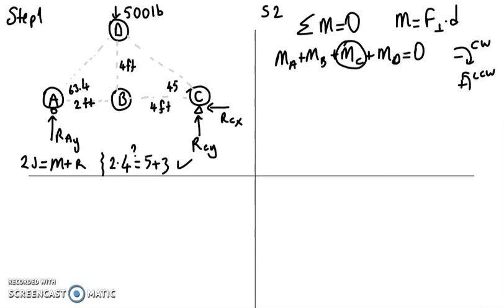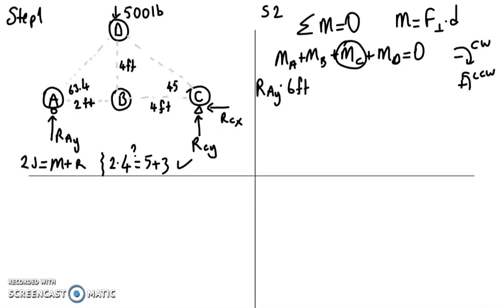If we look at point C, does this force R_A try to rotate the system clockwise or counterclockwise? As you can see, it tries to rotate it clockwise. So we have R_A force times the perpendicular distance, which is 6 feet.